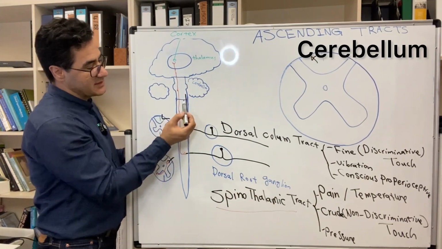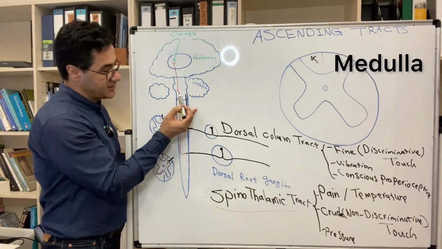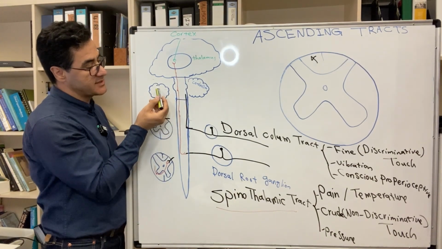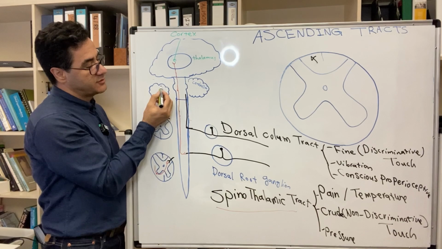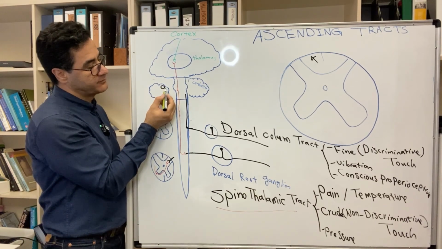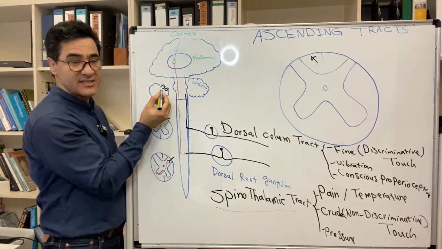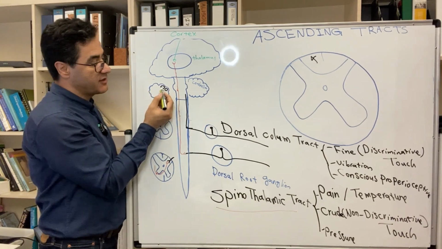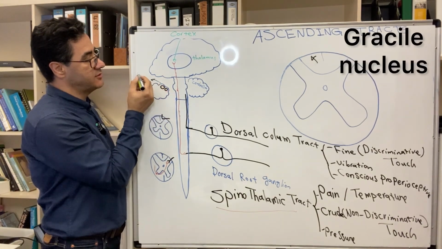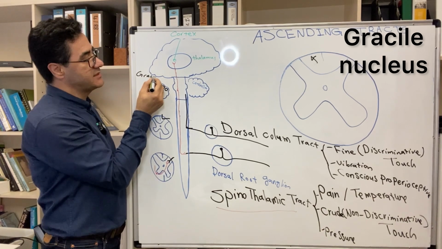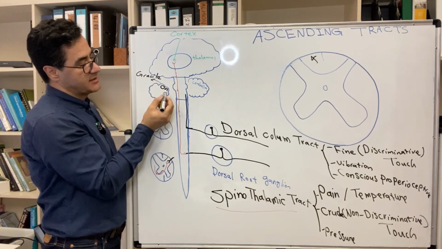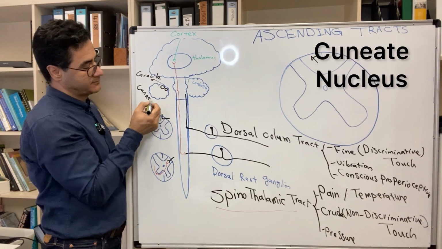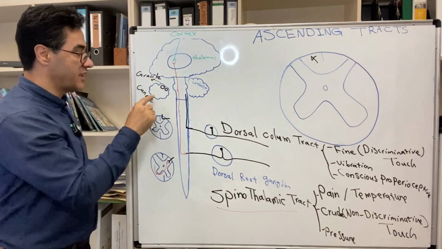When it's getting into the medulla, if you take a cross section through the medulla, we have something like this. We have two nuclei. On the medial side we have the gracile nucleus. On the lateral side we have the cuneate nucleus.